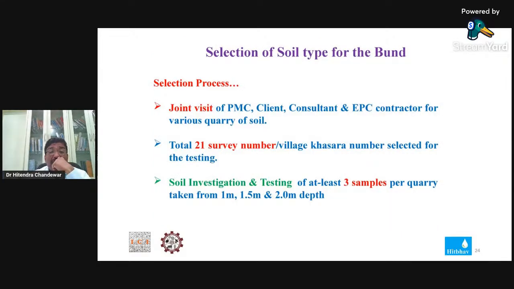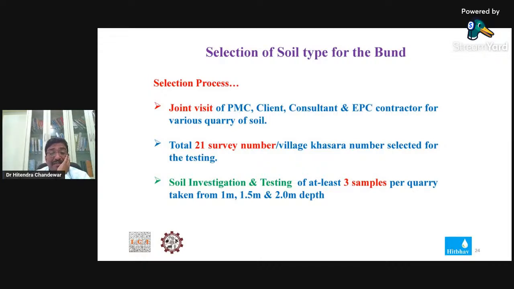Now the main work was to finalize the soil type and the location of the source of the soil, you can say quarry. So the probable sites very close to the factory area were visited by the PMC, the consultant and the EPC contractor.